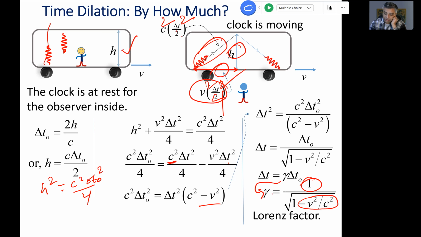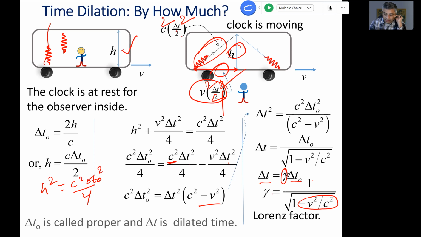So gamma becomes 1, which means they are the same. When relative speed is 0, both times are the same. There is no difference in time. Both observers are going to observe the same time, or both clocks are going to give you the same time, okay? So that's called the Lorentz factor.